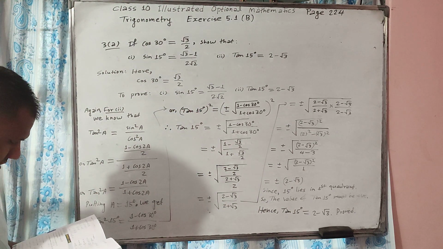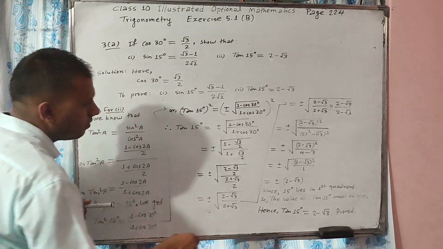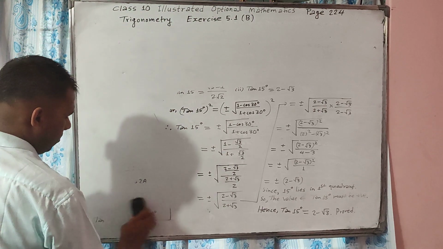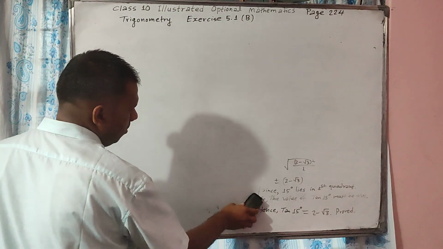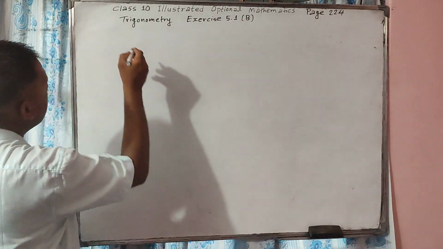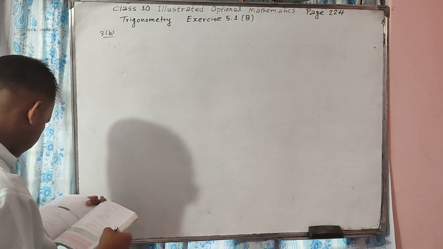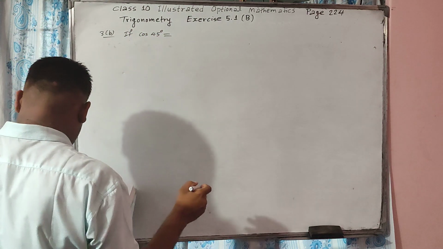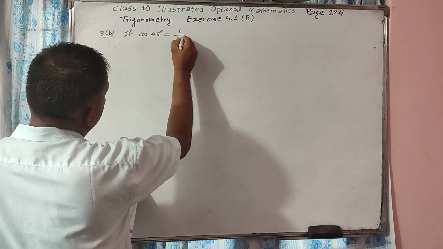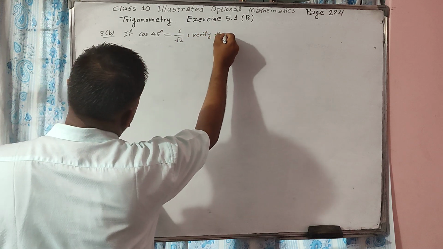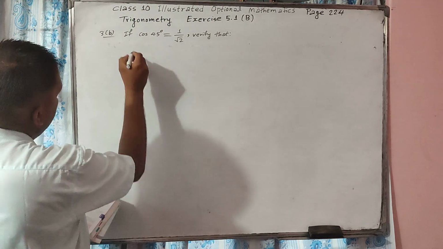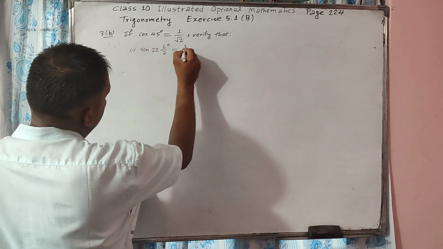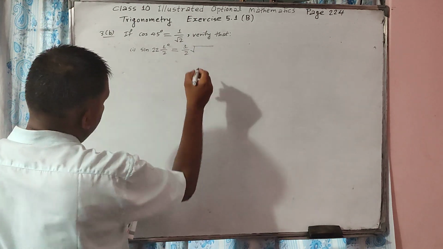Now we go to the next question, 3b. The question is, if cos 45 degree equal to 1 by root 2, verify that number 1, sin 22 and a half degree equal to 1 by 2 square root of 2 minus root 2.